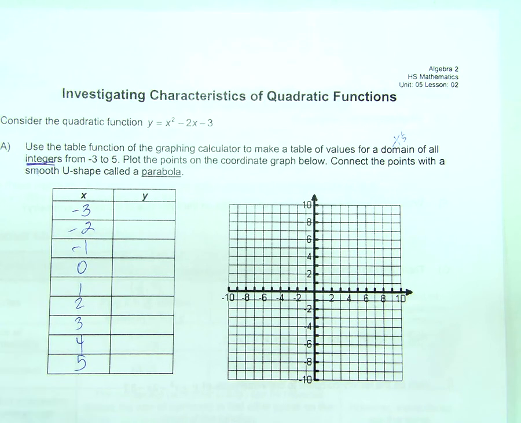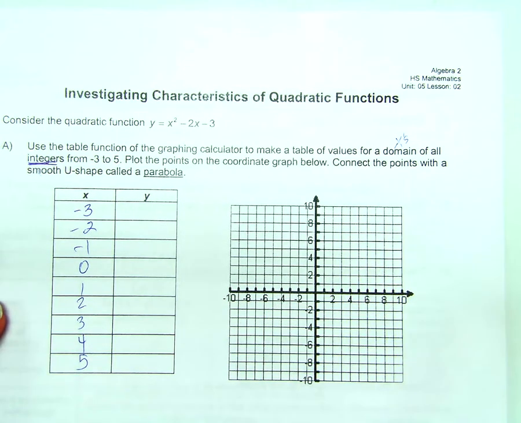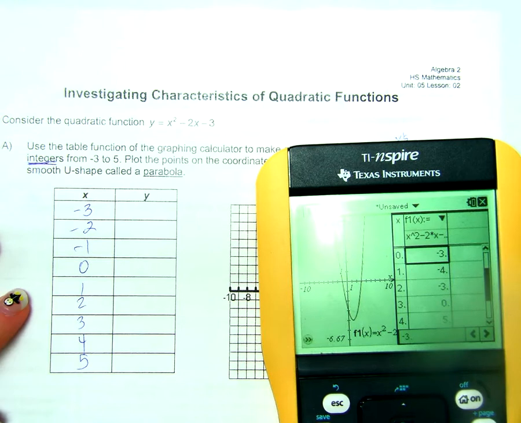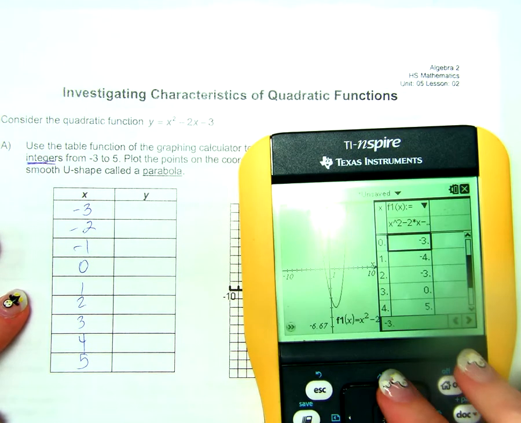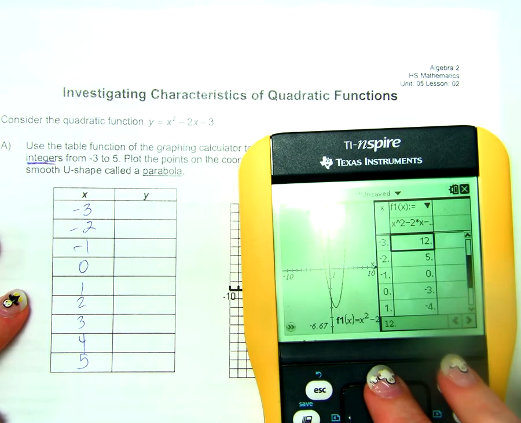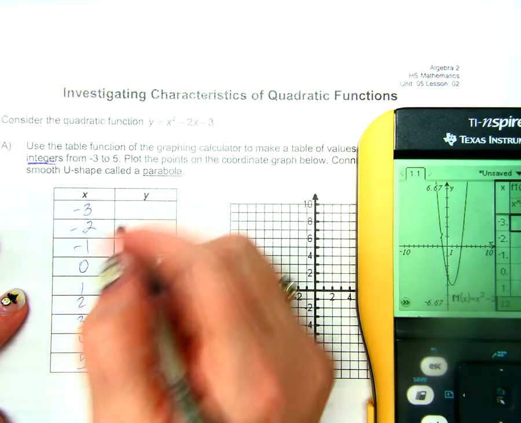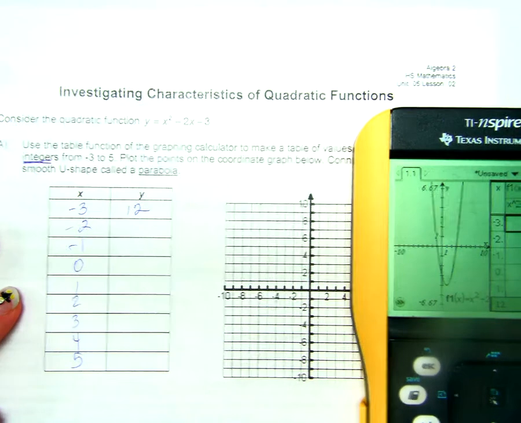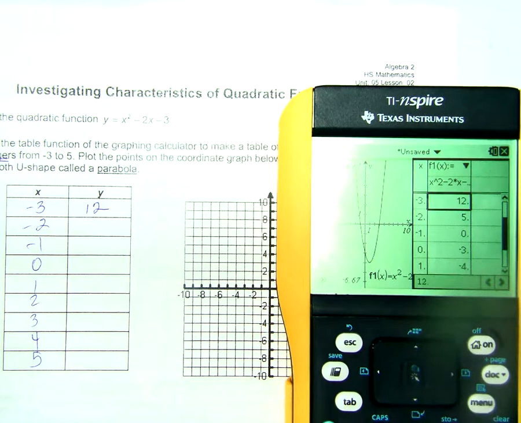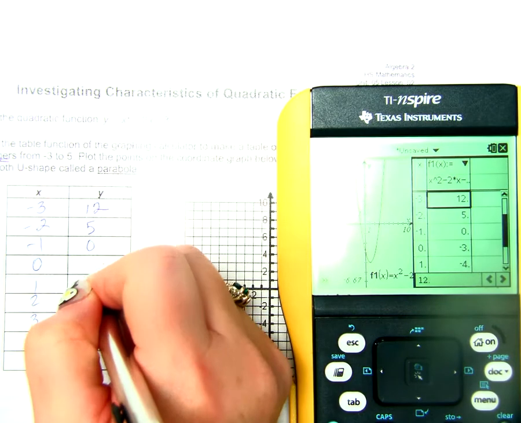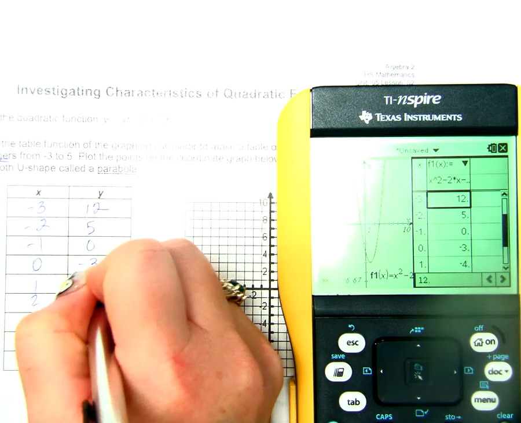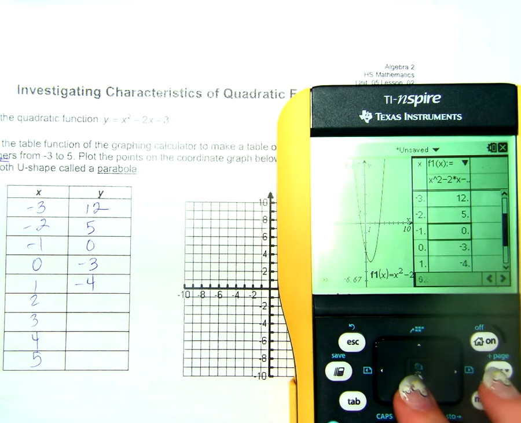Yes. Plot the points on the coordinate graph below. Okay, so we need to get those points out of the table. So I need to go up to -3, right? So 12, 5, 0, -3, -4.